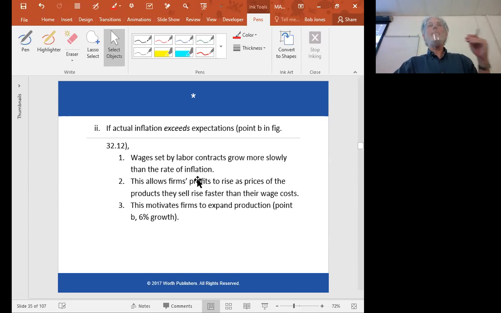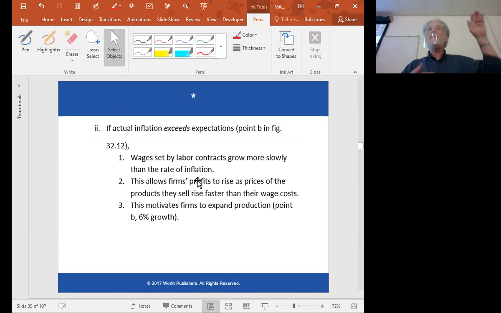So if you're running a business and you're having to pay your workers 2% more than the previous year, but you're getting prices from your customers that have gone up by 4%, the costs have gone up by 2%, your revenues have gone up by 4%, what does that do to your profit?